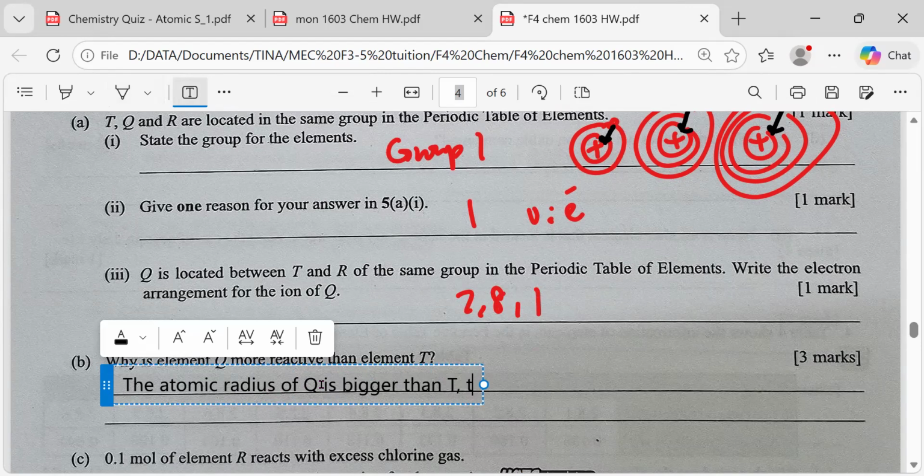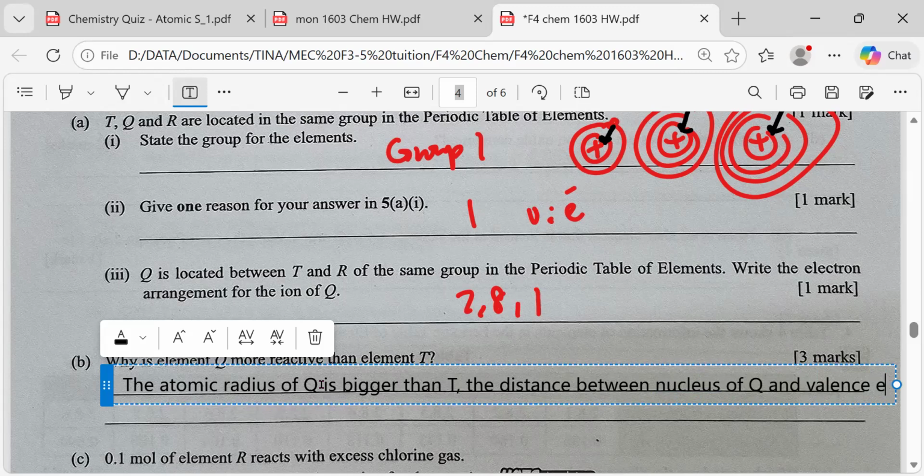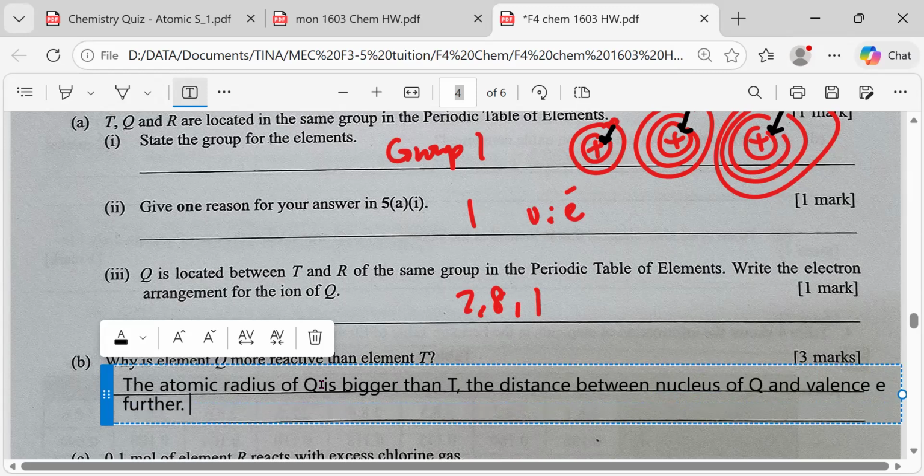Okay, the distance, so the attractive forces between the nucleus of Q and the valence electron weaker.